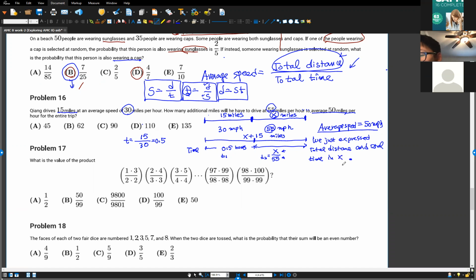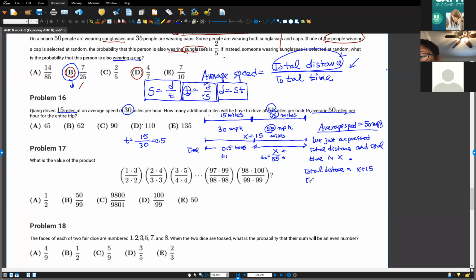Because we're going to find x, there's no other way. We're going to determine the value of x. Total distance equals x plus 15.